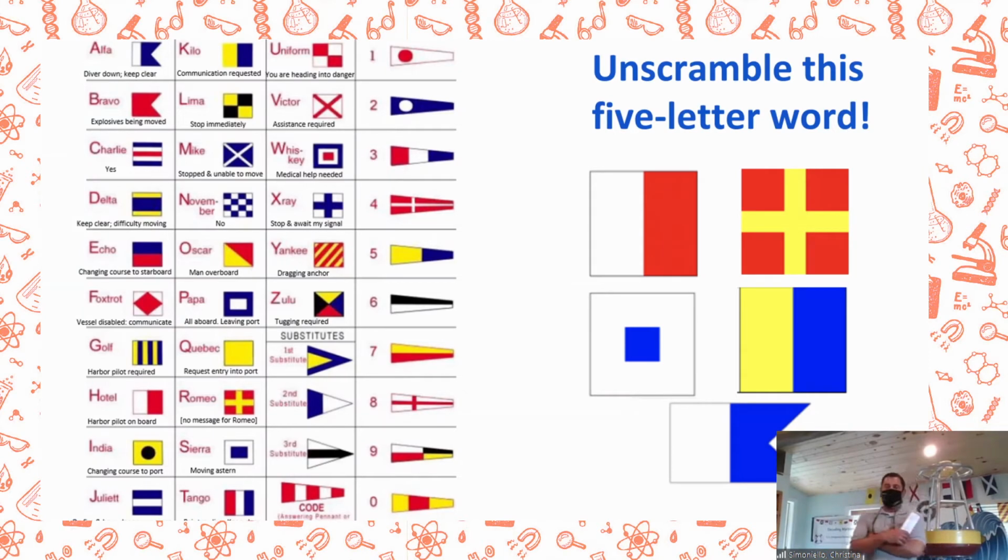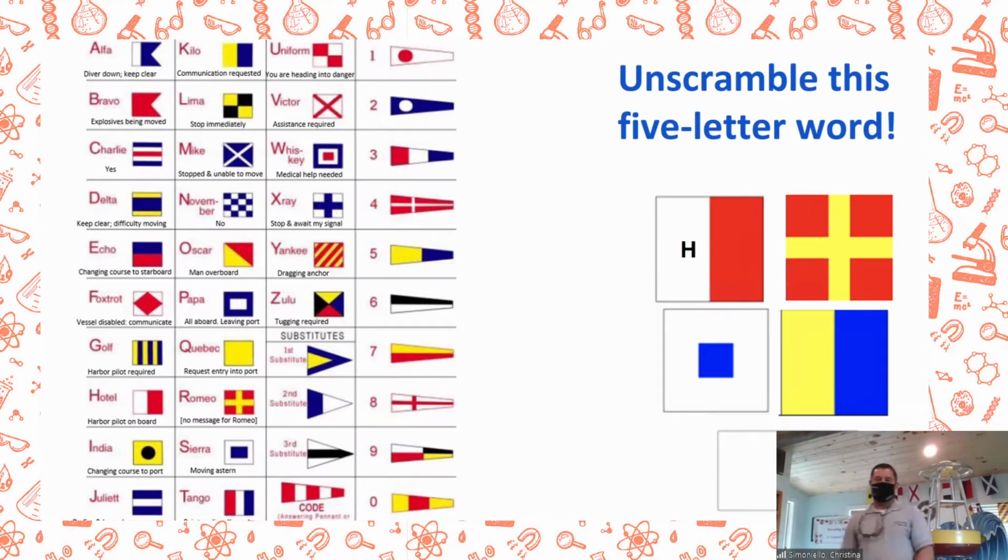So on the right side of your screen, you see 5 flags. We're going to look them up one at a time, starting with the top row and going over and then to the middle row and then to the bottom. So that top left flag, the red and white one, go ahead and look on the side and try and figure out which letter corresponds to that flag. Give me just a second, and you probably got it by now. It is H. Now look at the next one, just next to H there, and figure out that one.